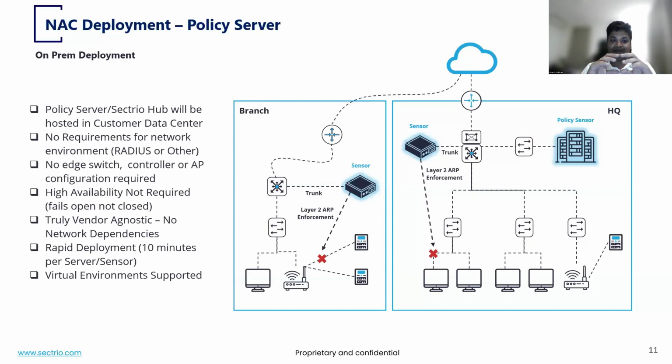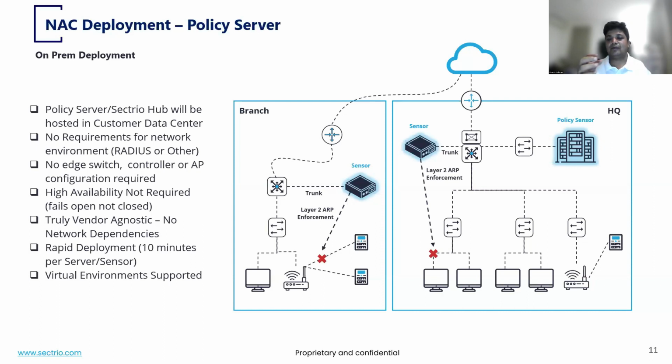This is a truly vendor-agnostic solution, so no dependency on the network itself. We can deploy a server or a sensor in less than 10 minutes, and within a few days, you can establish a connection to the central policy server as well. And we do support virtual environments where it can be deployed also.